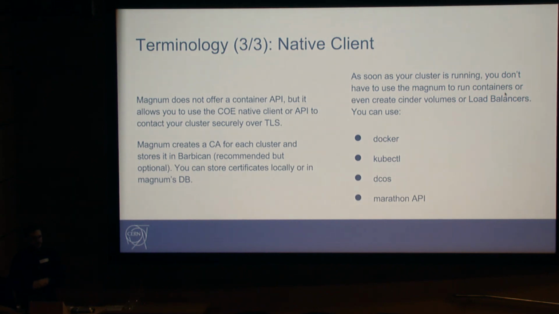It sets up a CA that is stored in Barbican or in the database or on the disk of where the Magnum controller runs. Then you can retrieve the credentials and communicate and create containers with the cluster using either Docker, kubectl, DCOS, or the HTTP endpoints like Marathon.